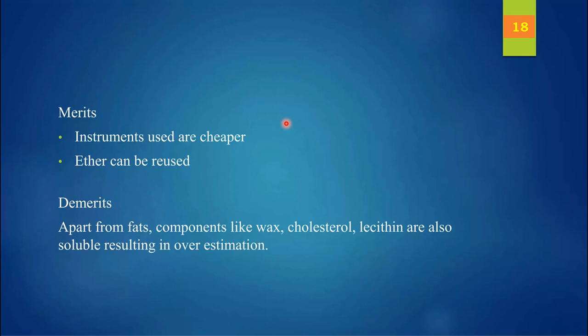Then the demerits are that apart from fats, components like wax, chlorophyll, cholesterol, and lecithin are also soluble, resulting in overestimation of the fat content, especially. Sometimes the cholesterol is required, but sometimes not.